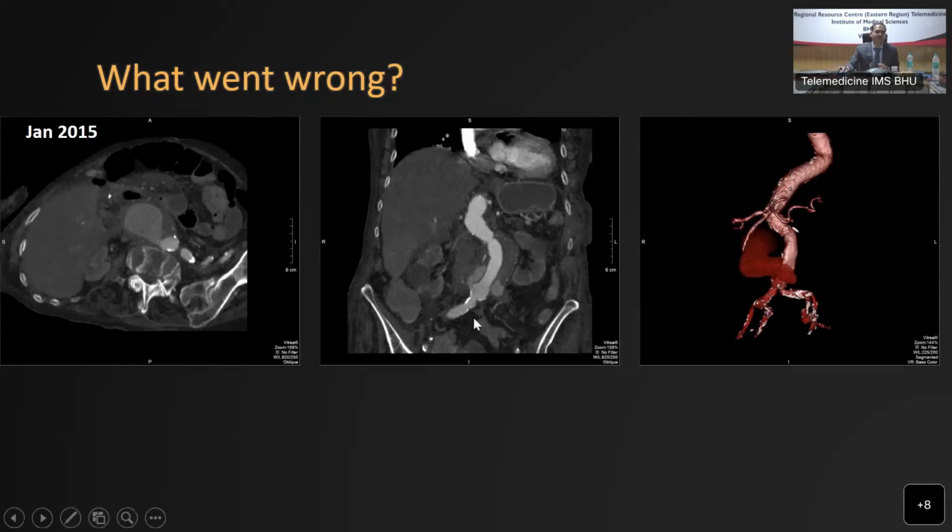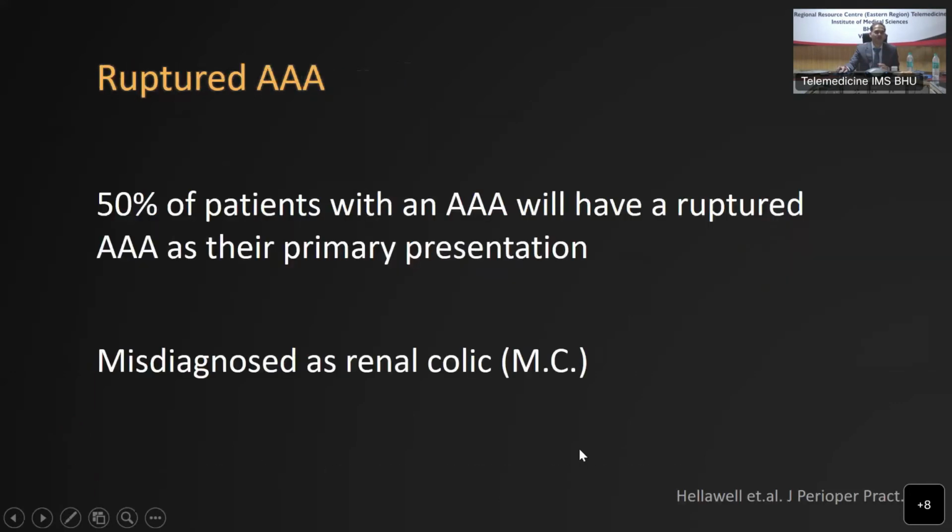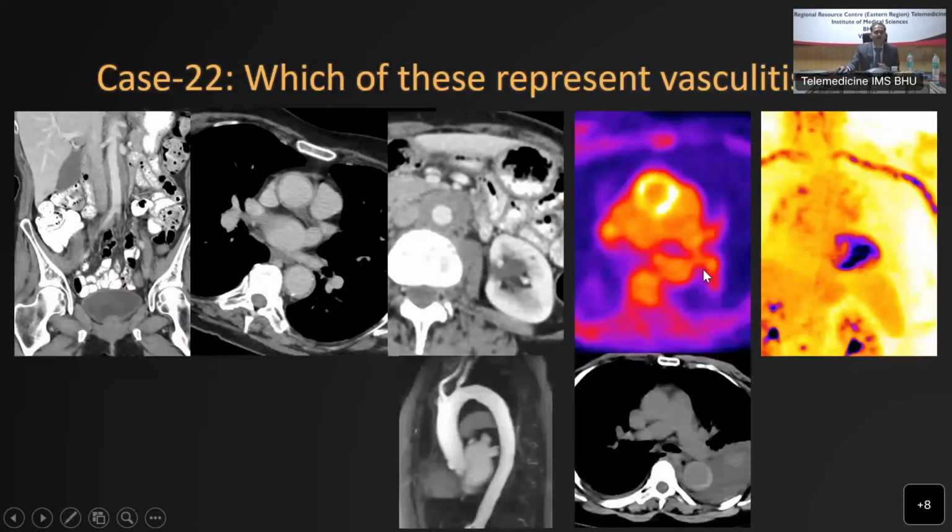So this is the case of distal graft failure. This patient was also taken to the OR and the graft dehiscence was repaired. Ruptured AAA is, believe it or not, actually commonly misdiagnosed as renal colic on clinical exam. So when you have a patient with renal colic, always make sure the team has completely excluded the possibility of AAA.